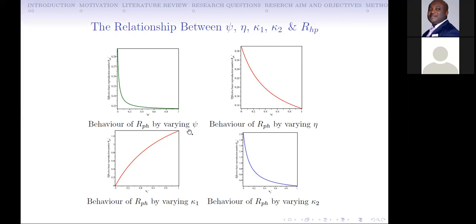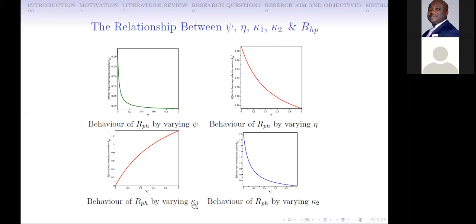The third graph represents the behavior of the basic reproduction number by varying K1.